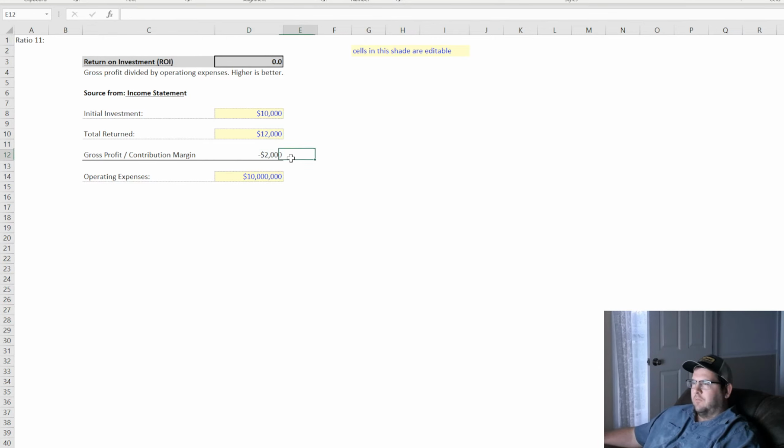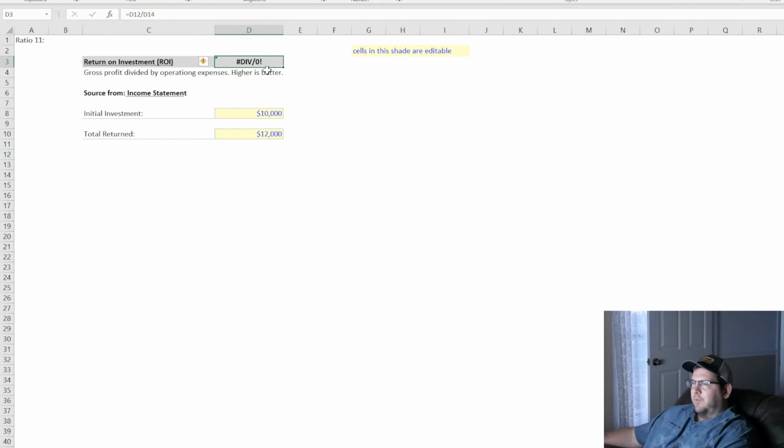Now your ROI would simply be returned minus investment divided by investment. And the source of that is not any statement.